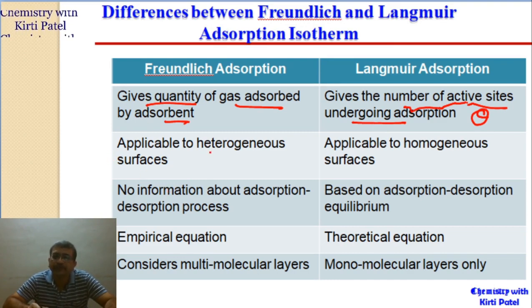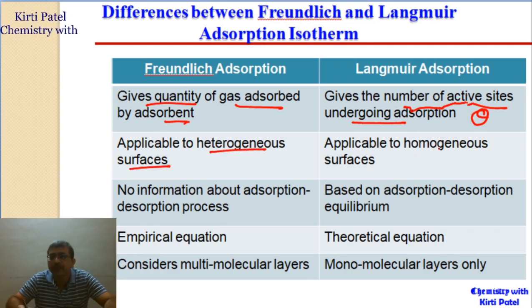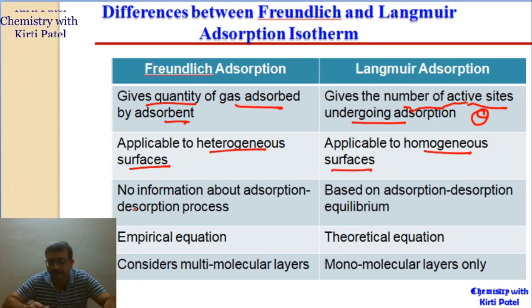Similarly, the Freundlich adsorption isotherm is applicable for heterogeneous surfaces, while the Langmuir adsorption isotherm is applicable for homogeneous surfaces. For Freundlich, there is no information about adsorption-desorption processes.